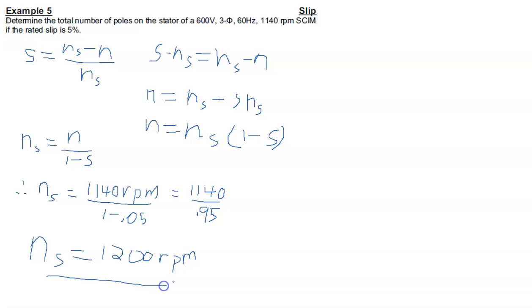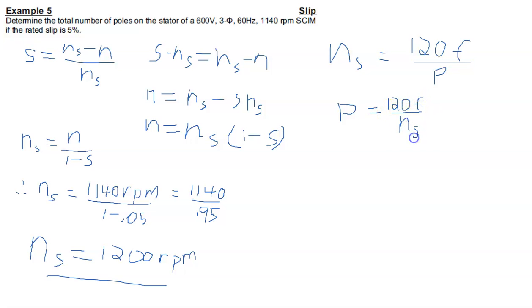So if we know ns, of course, ns is equal to 120 times the frequency divided by the number of poles per phase. And so P comes out to be 120 times the frequency divided by ns.